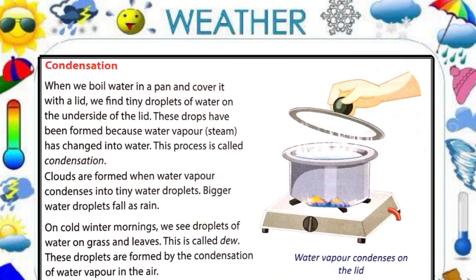Clouds are also formed when water vapor condenses into tiny water droplets. Bigger water droplets fall as rain, and on a cold winter morning we see droplets of water on grass and leaves, and this is called dew. These droplets are formed by the condensation of water vapor in the air.